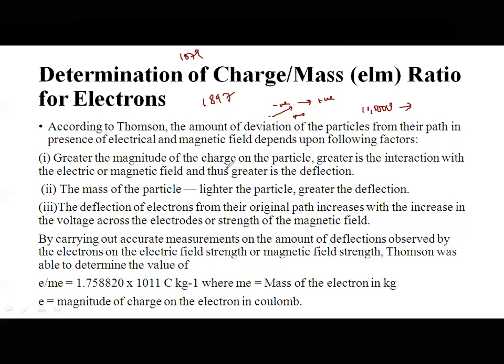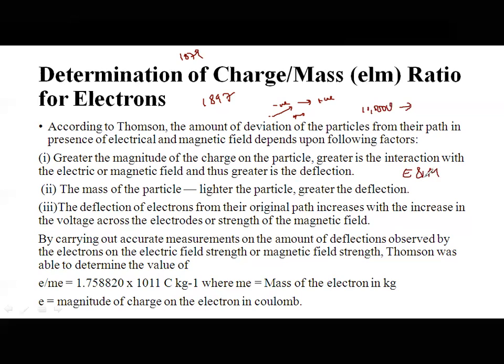So it depends on three things. One was the magnitude of charge on the electron, the mass of the particle, and next was the strength of the electric or magnetic field you have taken. So when only an electric field is applied, the electrons get deflected. When you apply a magnetic field, they show some deflection. What Thomson did was he balanced electric and magnetic fields.